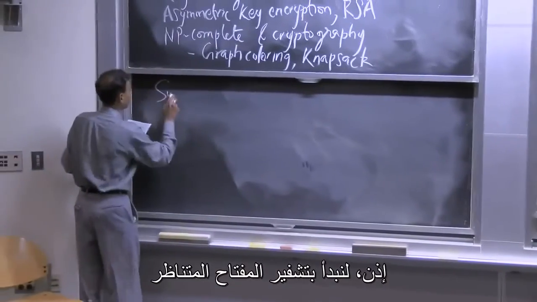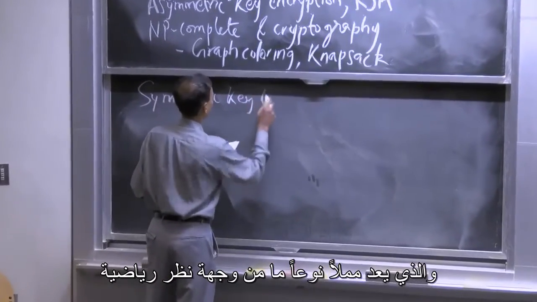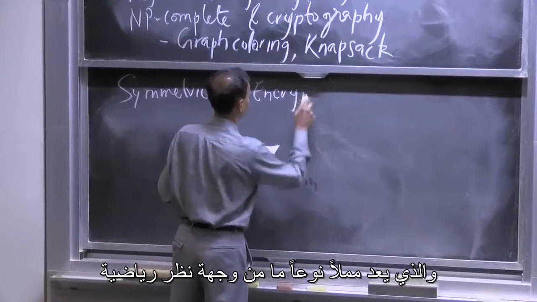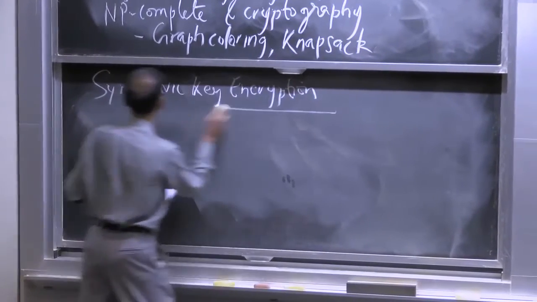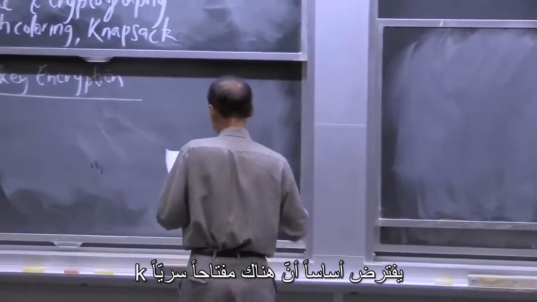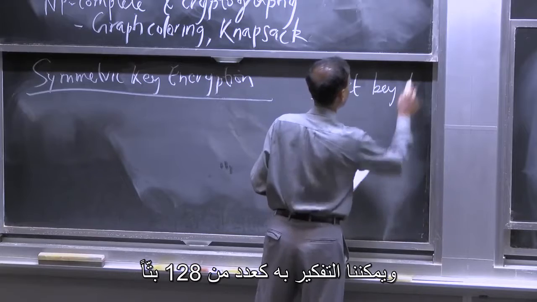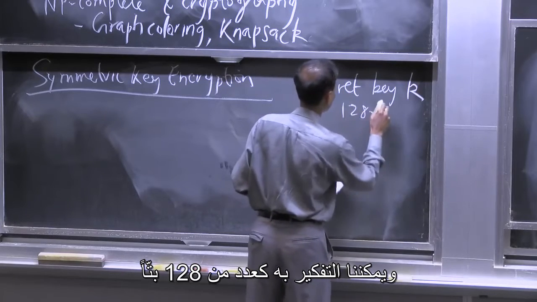So let's get started with symmetric key encryption, which is at some level kind of boring from a mathematical standpoint, so we won't spend a lot of time on it. It's definitely very useful. It essentially assumes that there's a secret key K, and you can think of this as a 128-bit number.